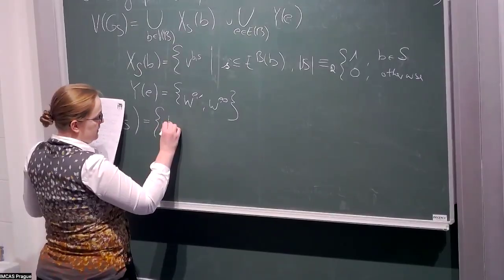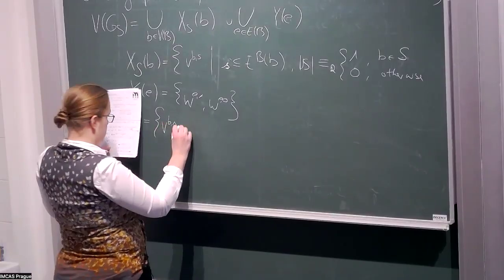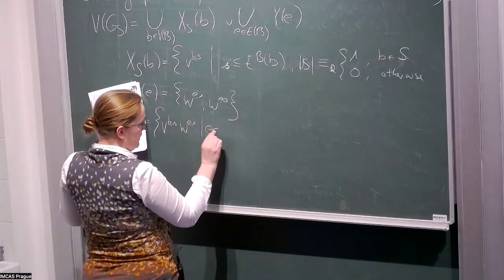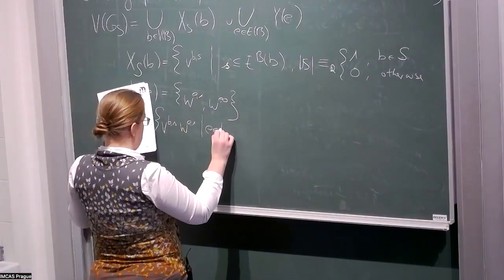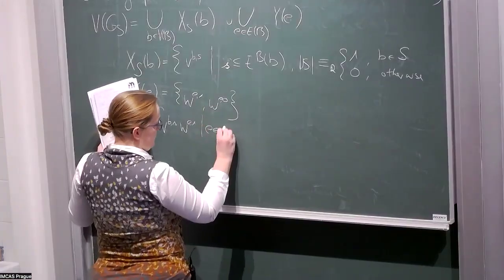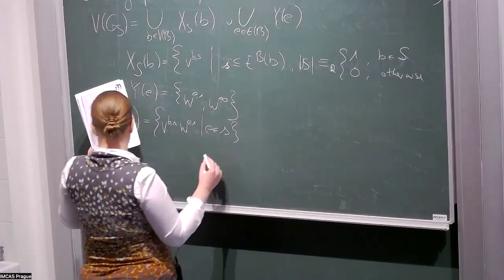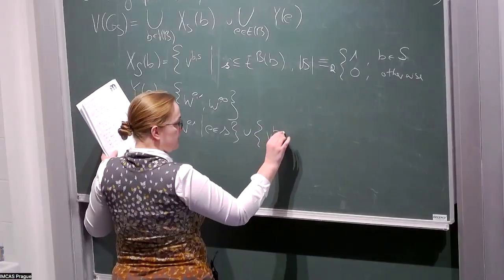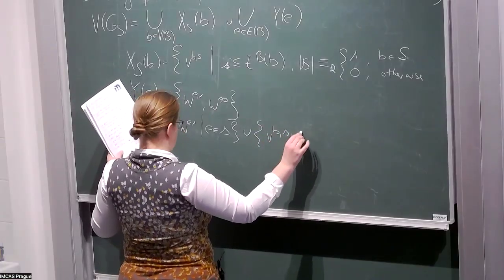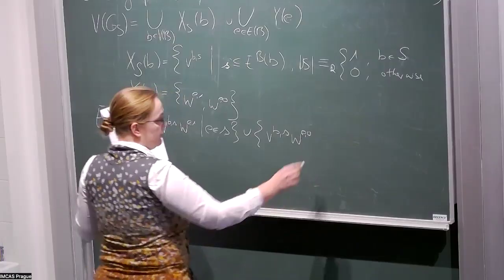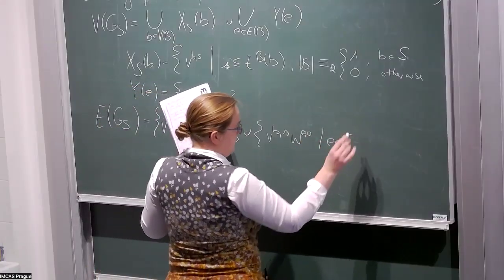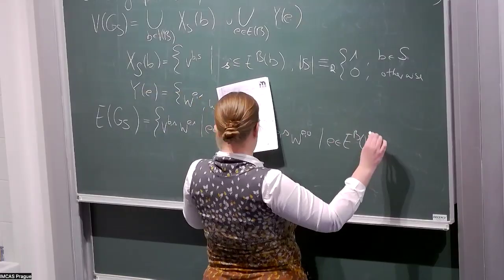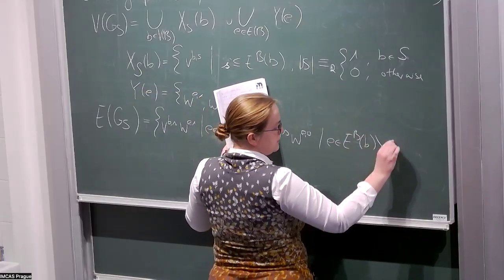So this is BS, WE1 if the edge is in this subset, and then we have the same with E0 if and only if the edge is around this vertex but not in the subset.